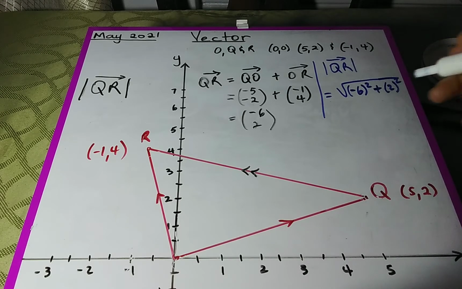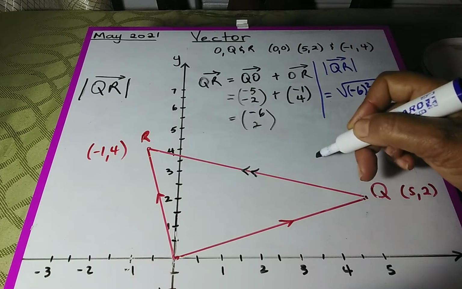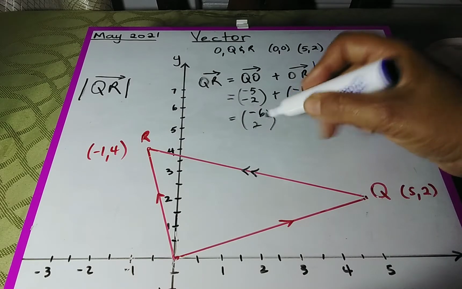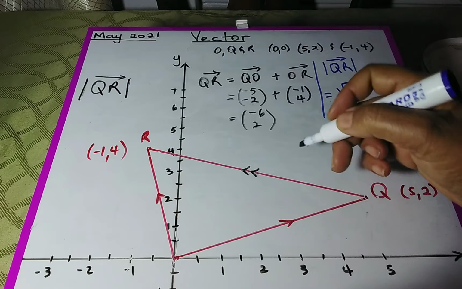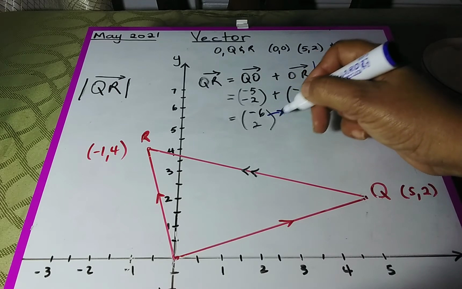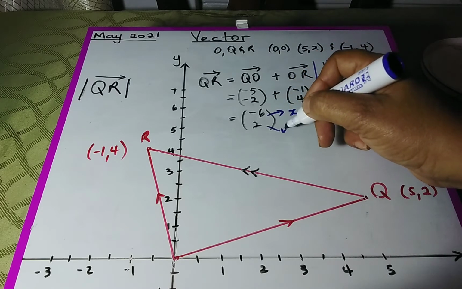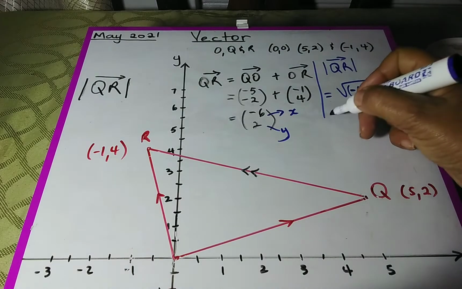Where do I get it from? Remember, if the vector is written like this, then we know that this is the x value and this is the y value.